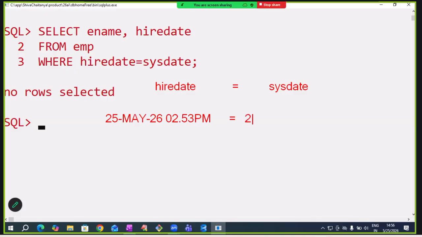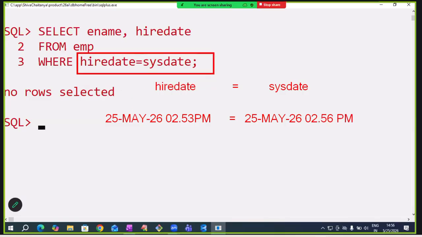It takes 25th May 26, and now the time is 2:56, sir. At 2:56 I am doing this comparison. So is 2:53 equal to 2:56? False. The condition is false. All conditions are false. When all conditions are false, what output do we get?